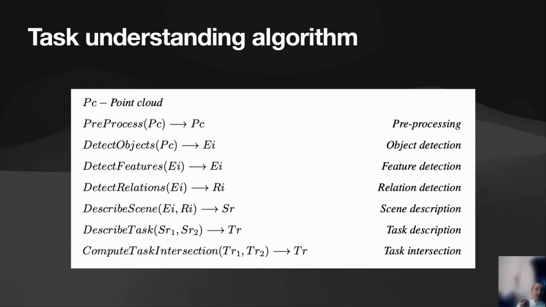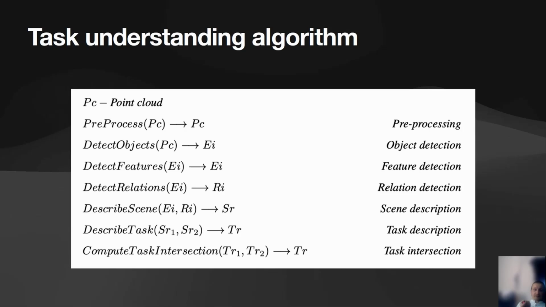When I have features, I go back to the whole point cloud and detect relations. I build a scene representation. I will show the algorithm in a minute; right now it's just what I need to have in my system in order for the algorithm to work.